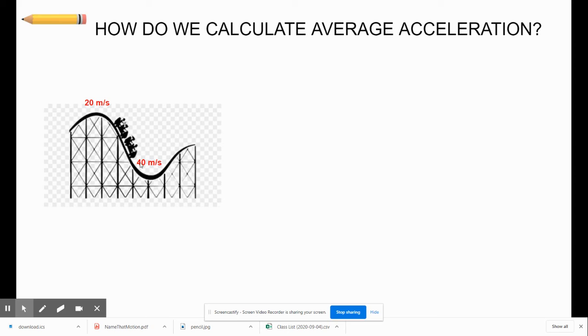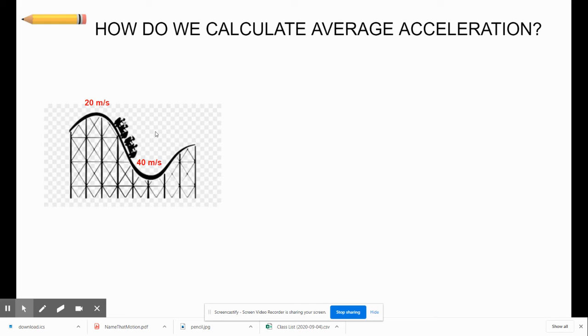And now, as it goes down, if you've ever been on a roller coaster or a sled, you know that its speed is going to get faster. So by the time it gets to the bottom of this little hill, it is going 40 meters per second. So it was going 20 meters per second here. It was already in motion as it came up. It picked up speed. It was going faster by the time it reached this point.